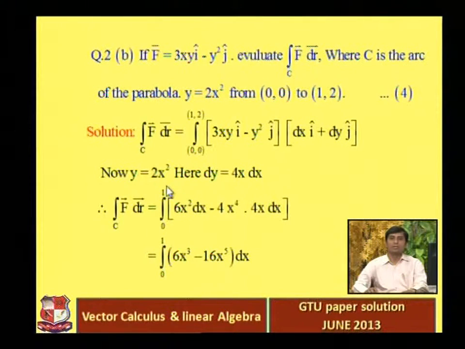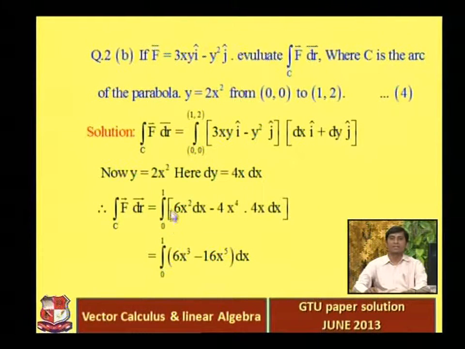Now y is equal to 2x square, so dy is equal to 4x dx. So instead of y, we have to put 2x square in this equation, and instead of dy, we have to put 4x dx. So definitely our limit of the integration is from x, right? We have to use the limit of x because the whole equation becomes in terms of x and dx.